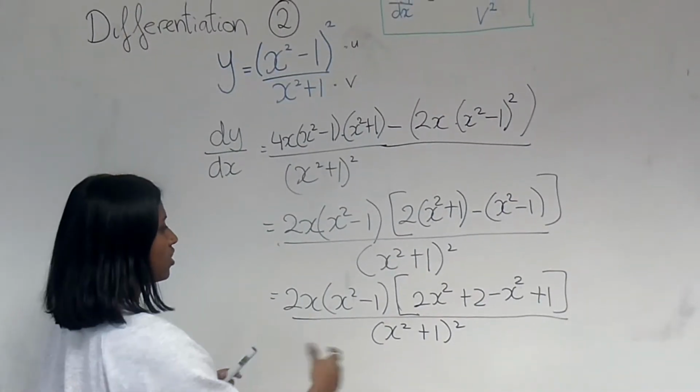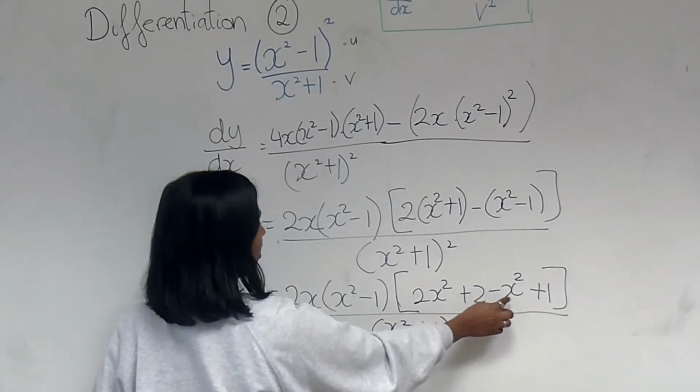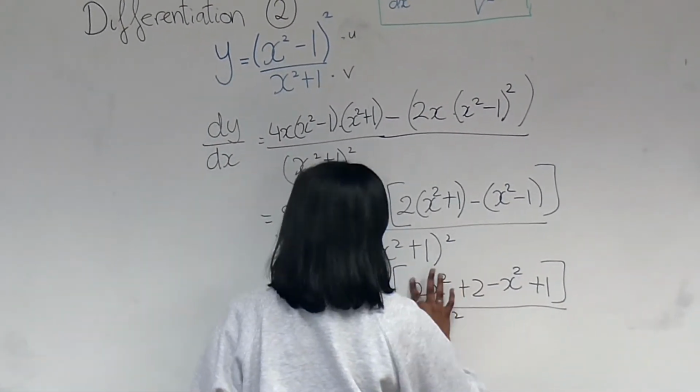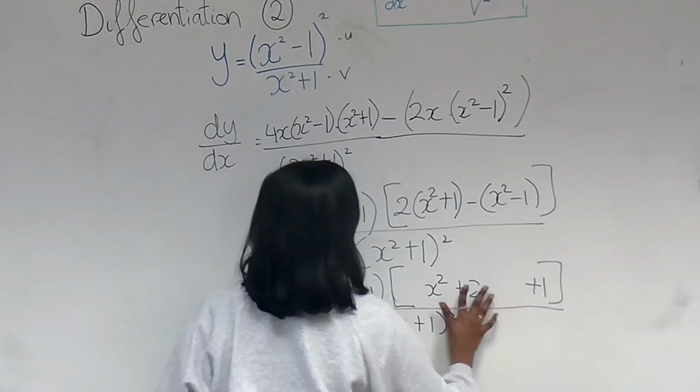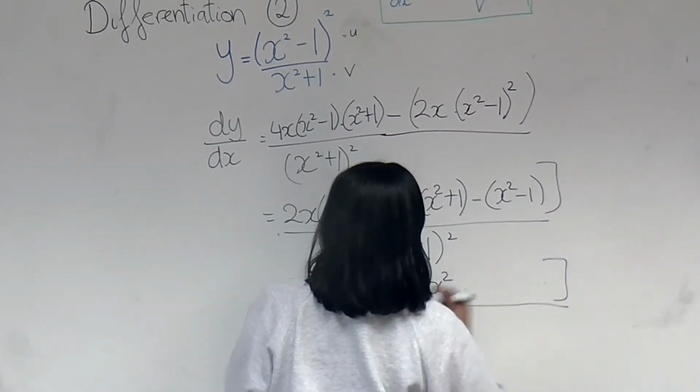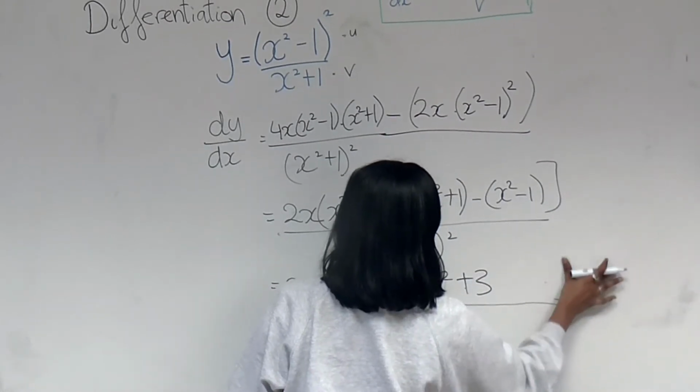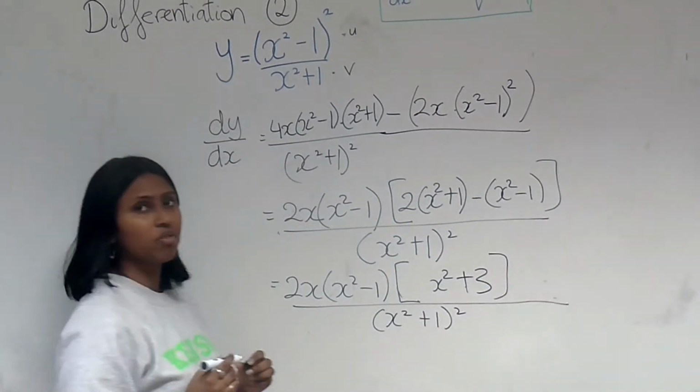And here you can just do the 2x squared minus x squared, which just becomes x squared, and then your 2 plus 1 becomes 3. And that's your final answer.